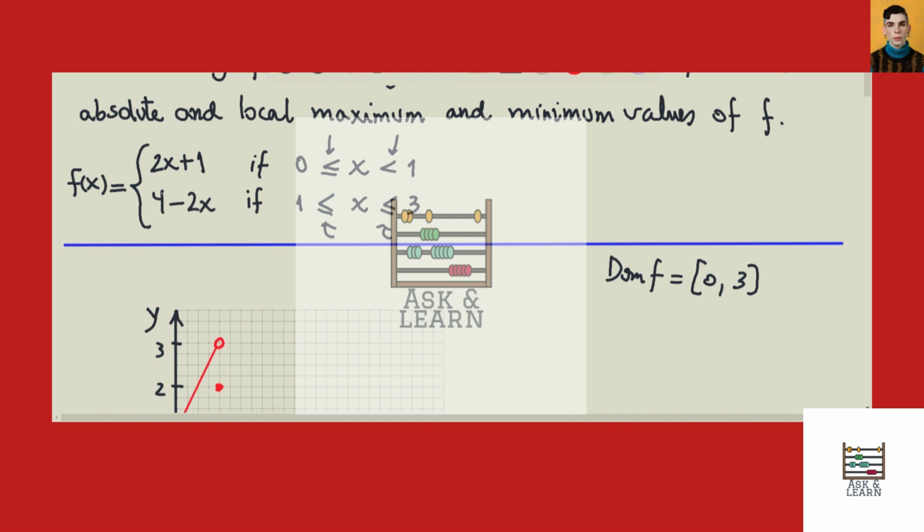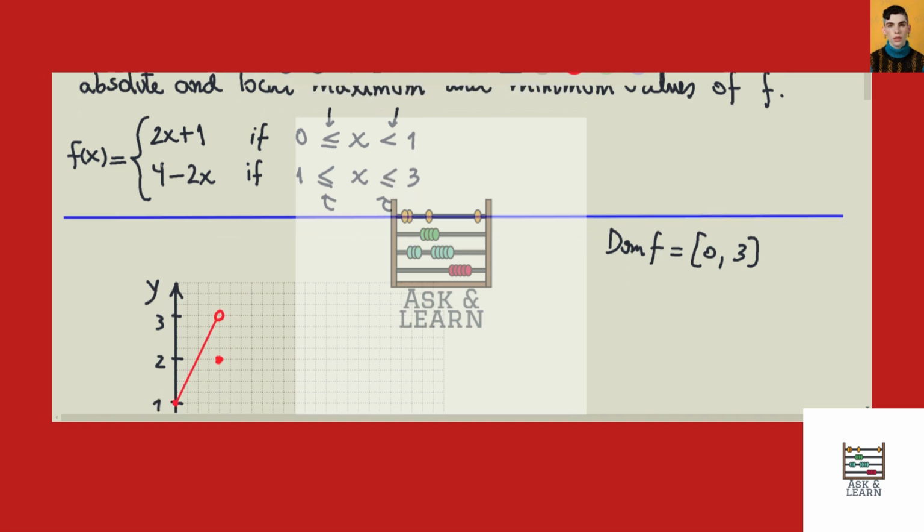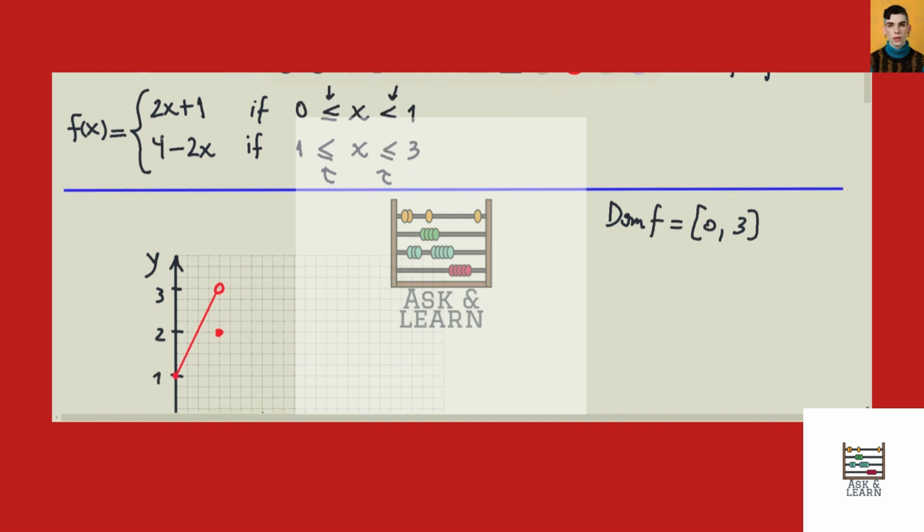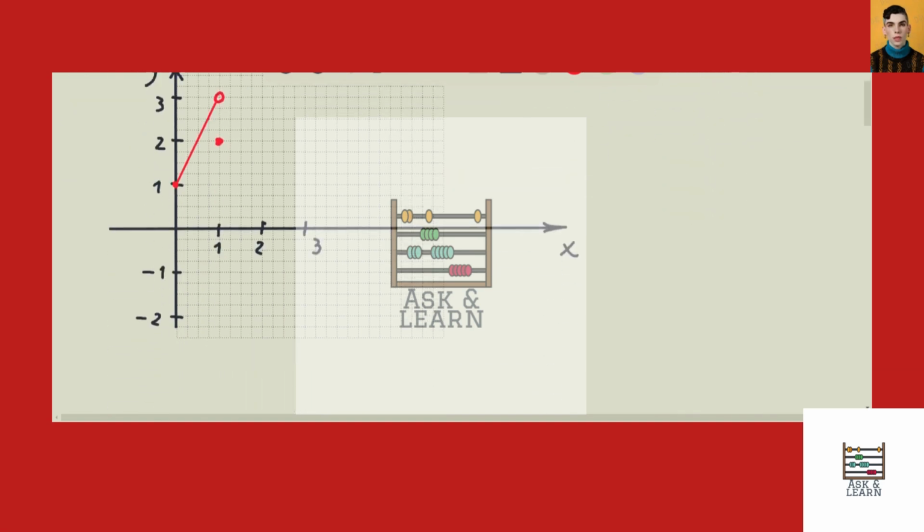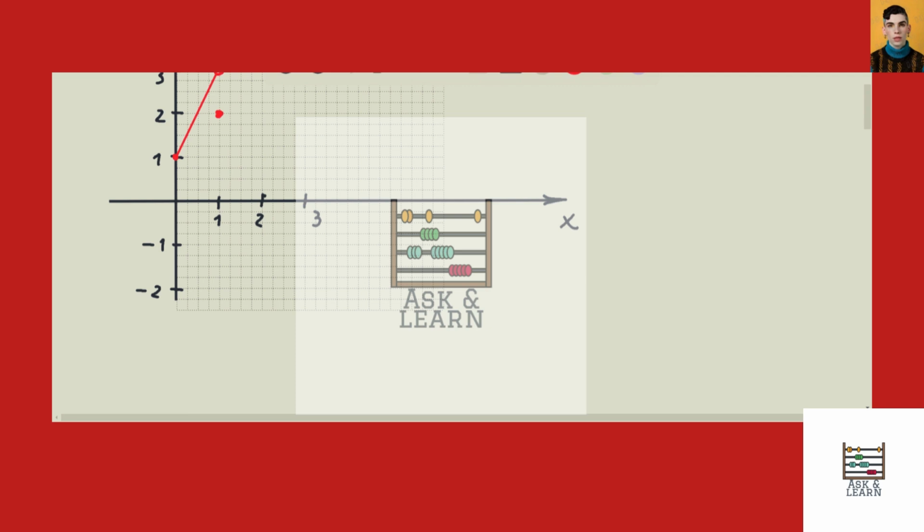And for x equal 3, we get 4 minus 2 times 3, that is 4 minus 6, that is negative 2. So at 3, we have negative 2, and it's included in the graph also.